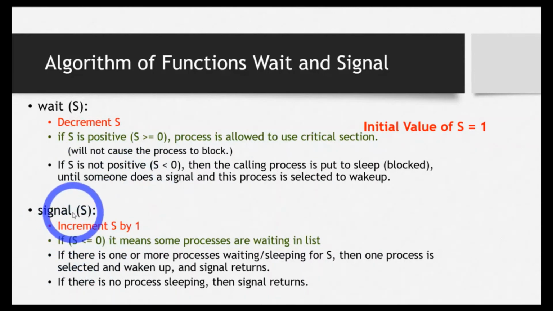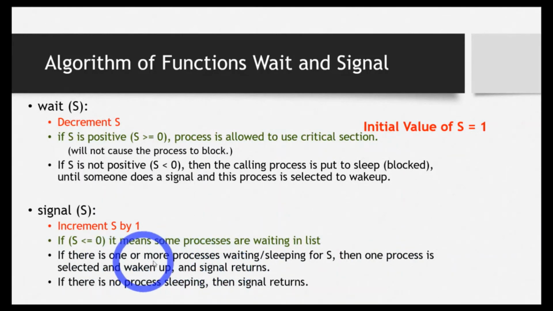Okay, what happens in the signal function? So signal function increments the semaphore variable by 1. And then after incrementing, it checks whether the semaphore is negative or equals to 0. If it is, it means that there is some process waiting in the queue. So if there are some processes which are waiting in the queue, one process is selected and is woken up, and then the signal returns.